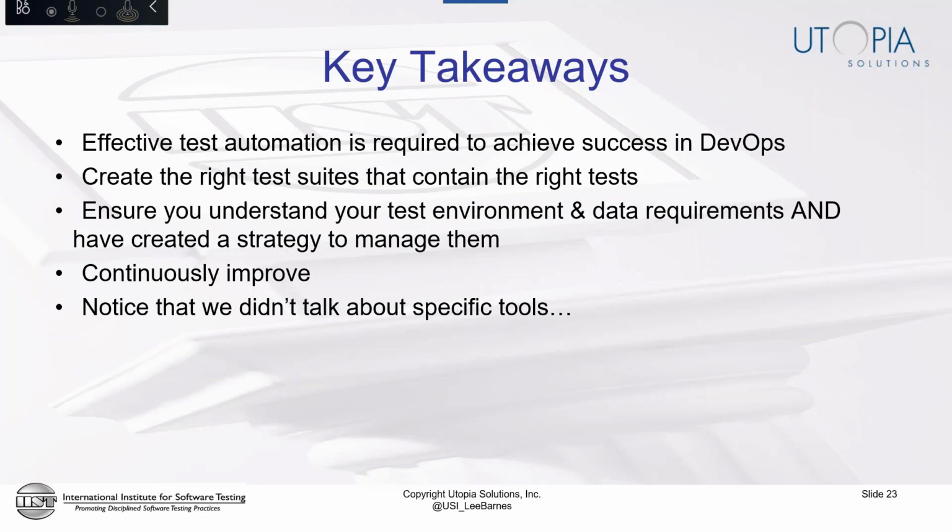But the reality is, the things we just talked about are the foundation, and the tools, as long as they support the technology of your application and meet your requirements, they're not the first point to discuss. They're point 5 or 6 perhaps. So it's very important to remember.